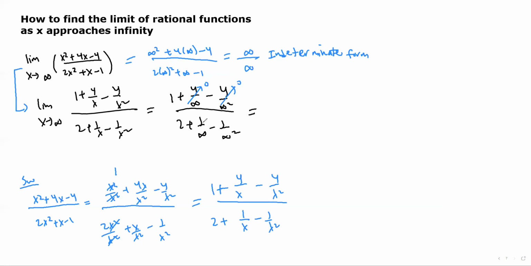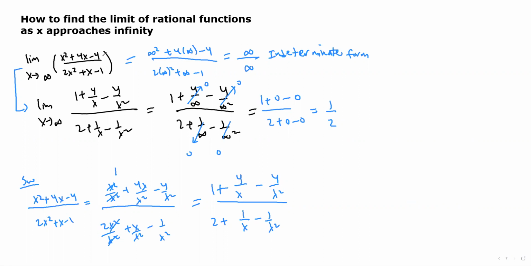This one's 1 divided by infinity, which will go to 0, and then 1 over infinity squared, again, that's just going to go to 0 as well. So I have 1 plus 0 minus 0, and I have 2 plus 0 minus 0. So 1 plus 0 minus 0 is just 1. And then 2 plus 0 minus 0 is just going to give me 2.